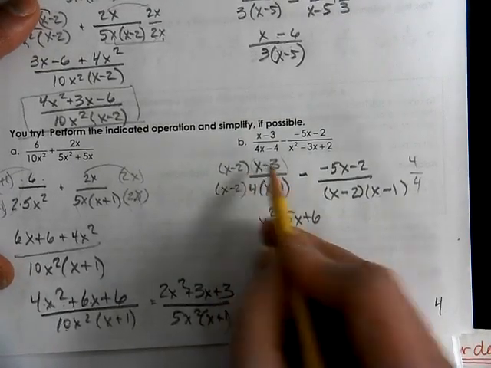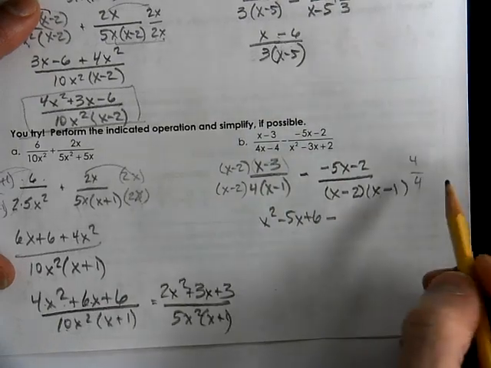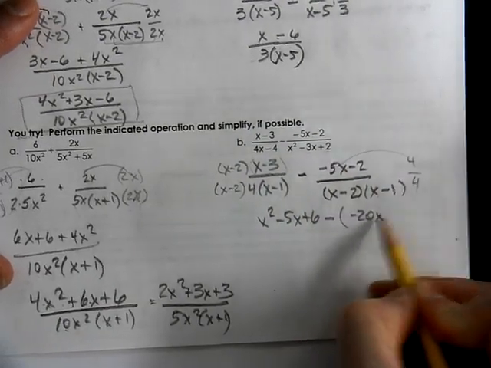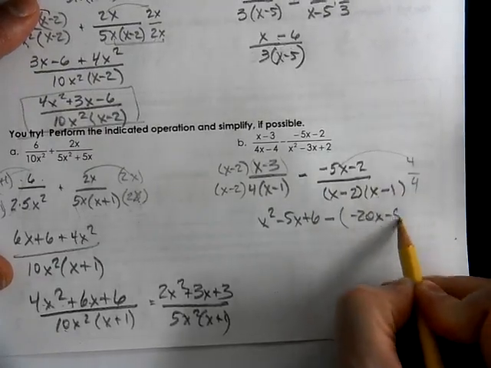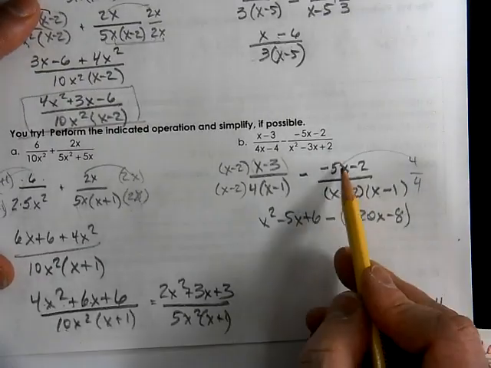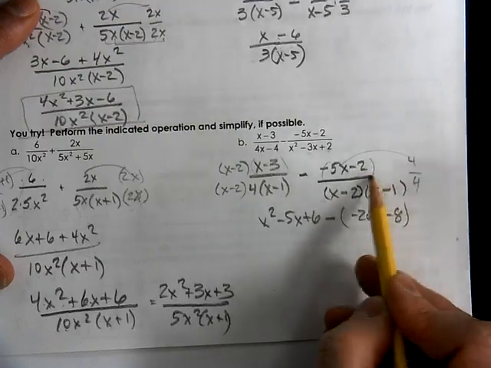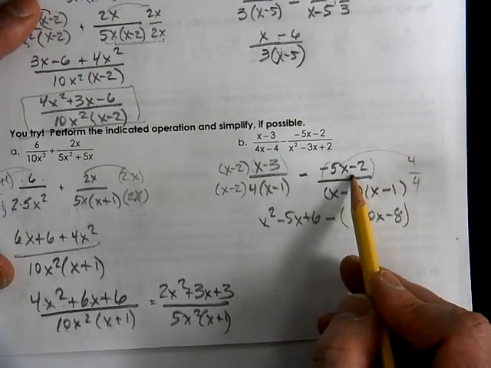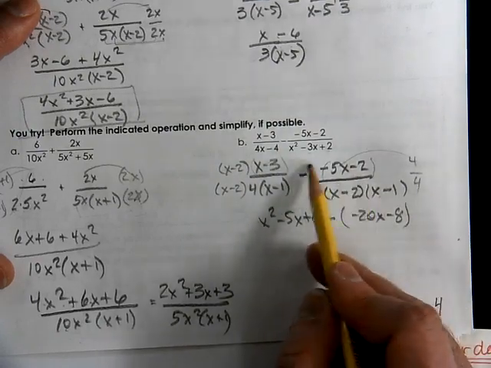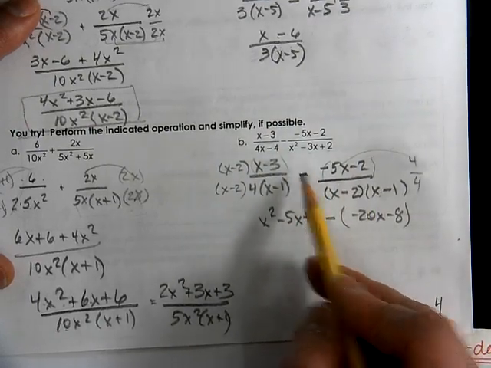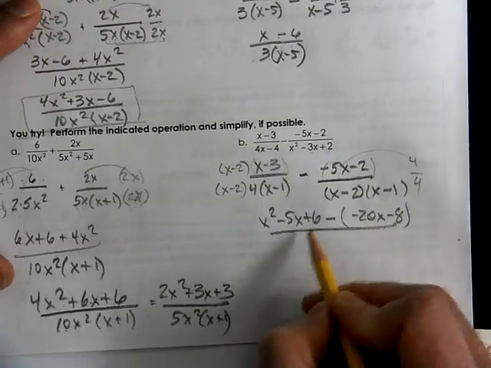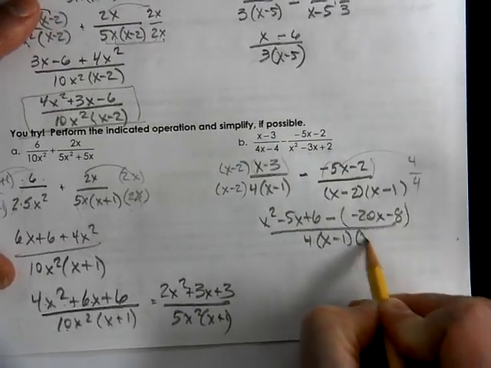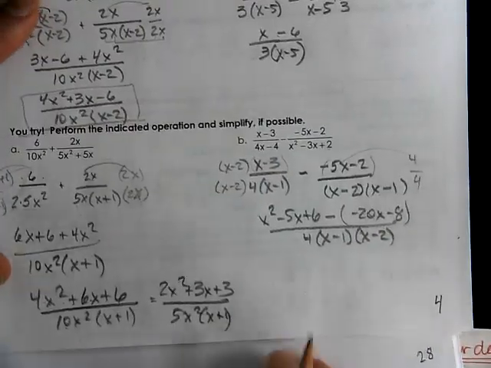That's what comes from that. Minus negative 20x minus 8. Notice how I used parentheses because I was multiplying it only into the negative 5x and the minus 2. I wasn't taking this negative into account. My common denominator is 4, x minus 1, x minus 2.